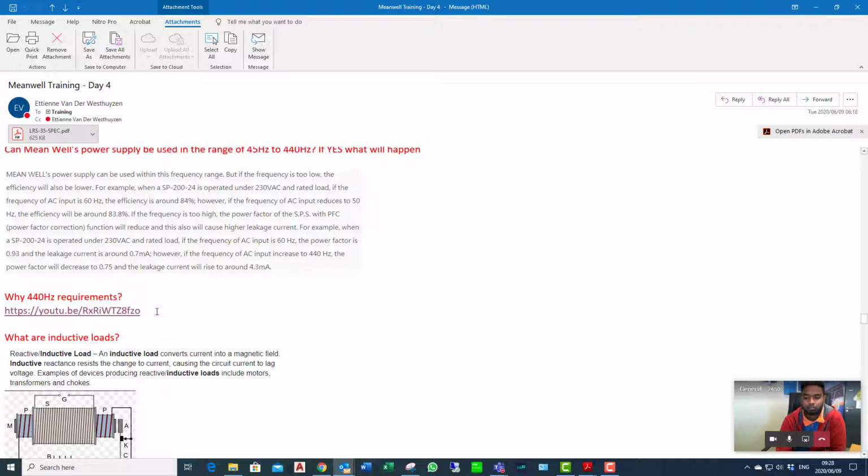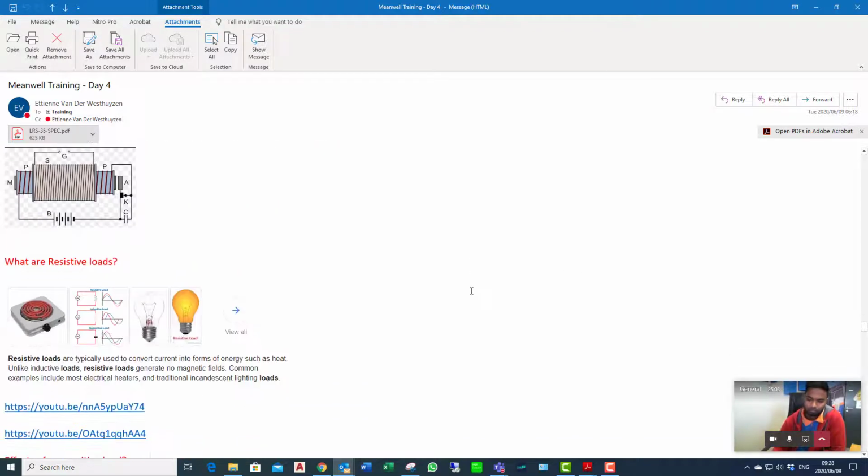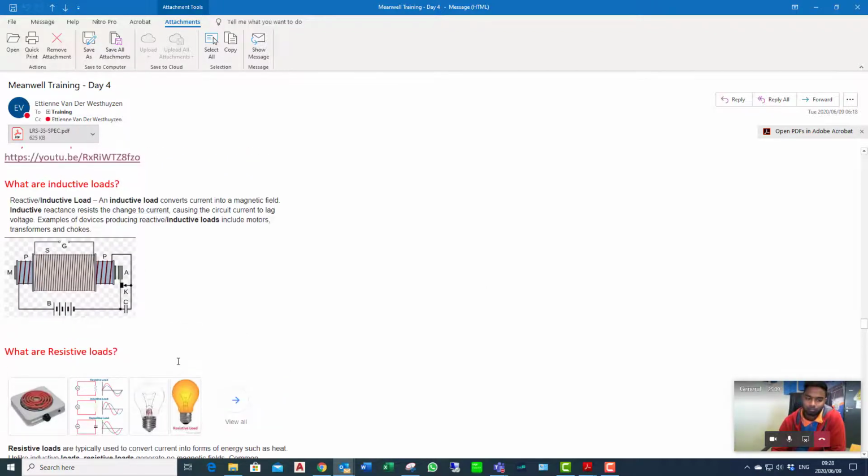So I think it's important, we spoke earlier about that ICL, and it spoke specifically about capacitive or inductive loads. Now if you look at a resistive load, it's typically like an element or a light bulb. An inductive load converts current into a magnetic field. So it's typically like a coil like this, and it creates a magnetic field around it.